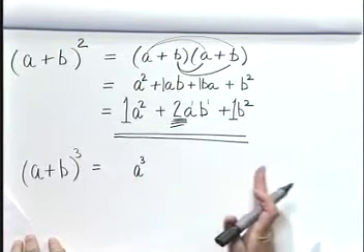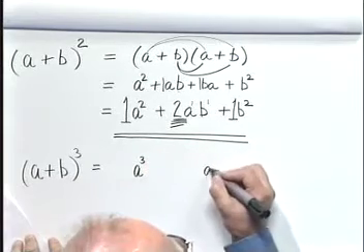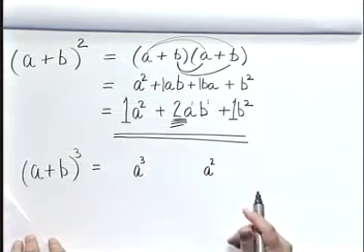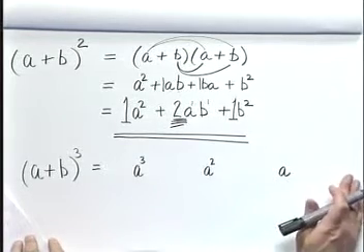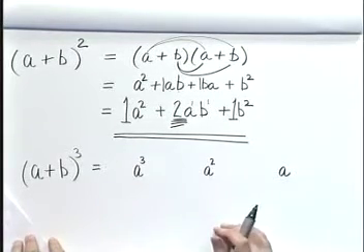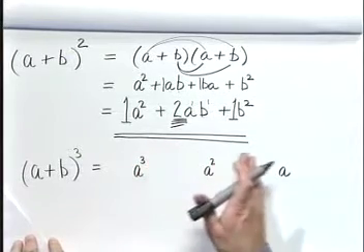Each successive term, that power of a will reduce. So there'll be a term in a squared, there'll be a term in a, and then there'll be a term without any a's in at all. So as we move from left to right, the powers of a decrease.